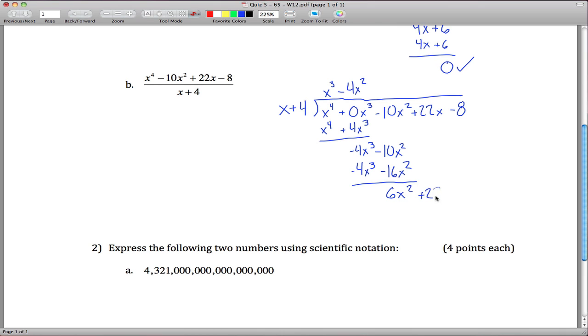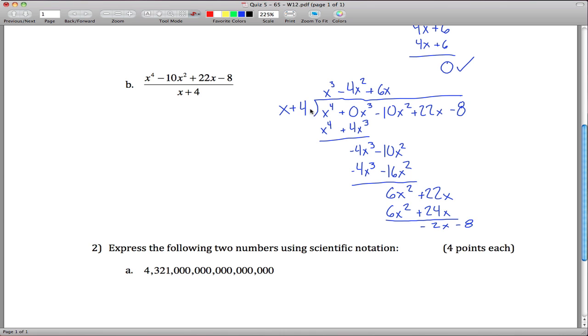And what do I got? 22x up there. Okay. What do I put up here? I put up a 6x because 6x times x is 6x squared, and 6x times 4 is 24x. And if I subtract, I get 22x minus 24x is negative 2x. Running low on room here, but I'm almost done, which is good.